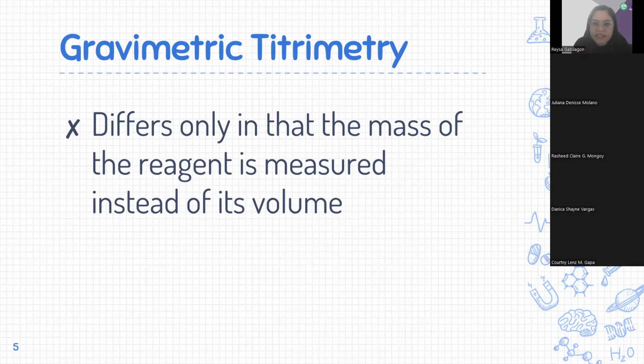It's just that the mass of the reagent is measured instead of the volume. So last time, it's the volume na in-identify natin. But for gravimetric titrimetry, instead of the volume used during the titration, it will be the mass of the reagent.